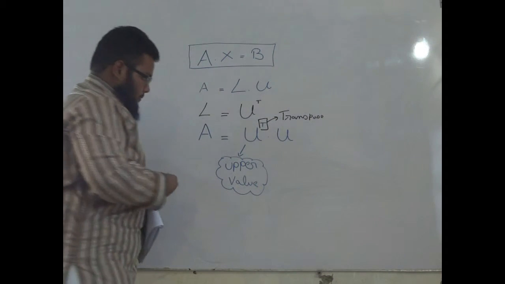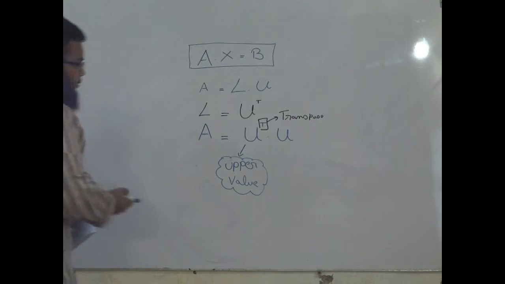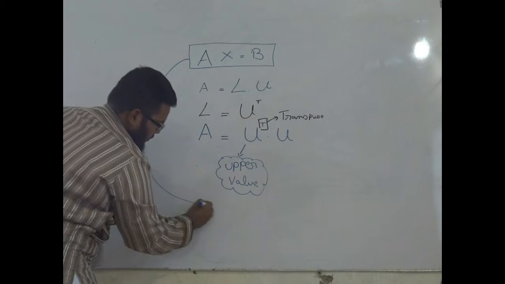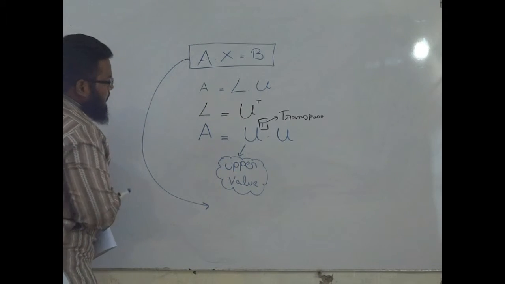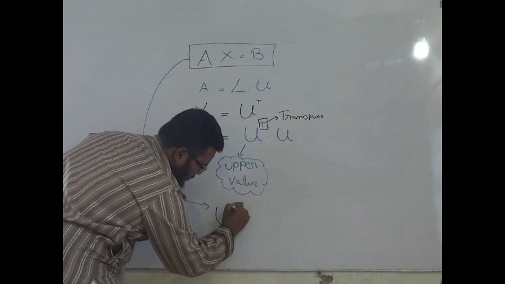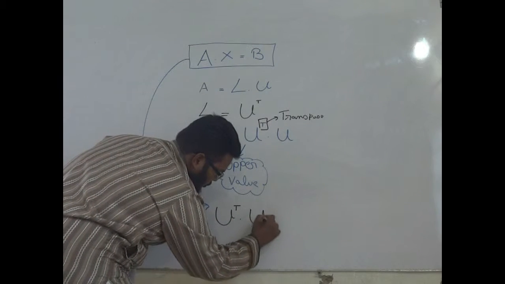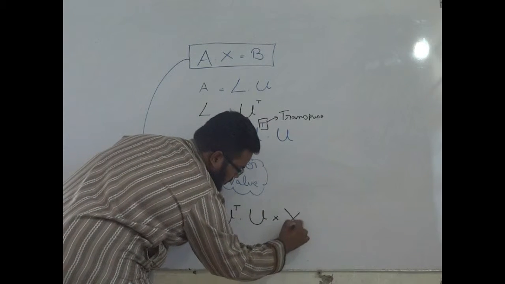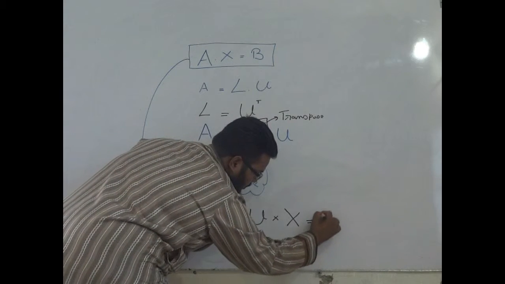Now, therefore, our final equation will become U transpose into U x is equal to b.